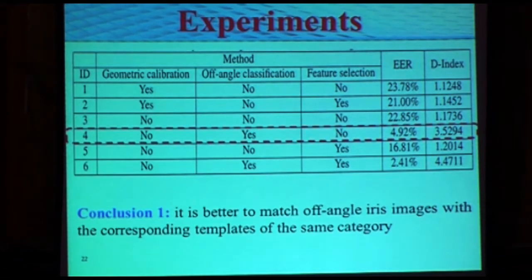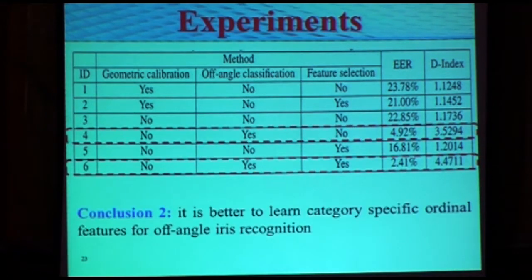We can see that off-angle classification improved the recognition performance largely, and we conclude that it is better to match an off-angle iris image with the corresponding templates of the same category. And if we combine off-angle classification and feature selection, the recognition performance is further improved. It indicates that it's better to learn category-specific ordinal features for off-angle iris recognition.